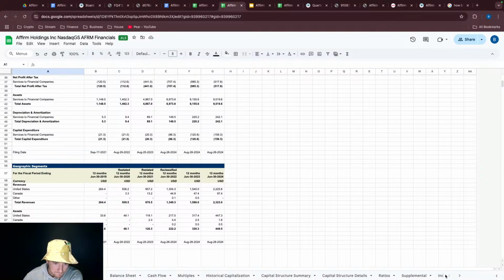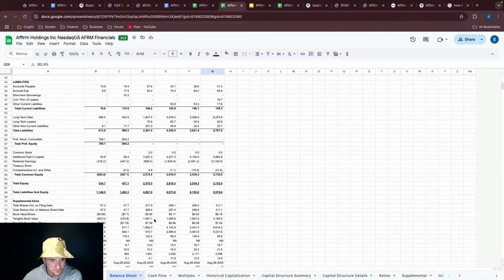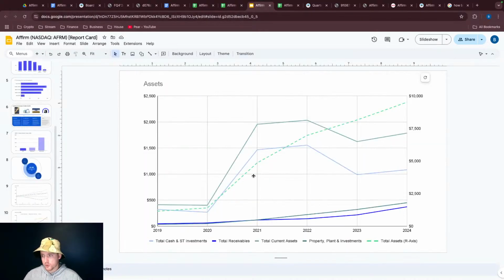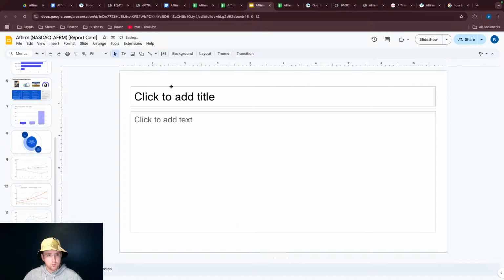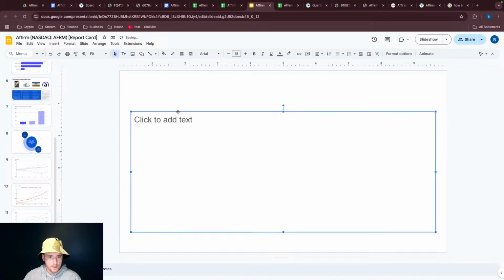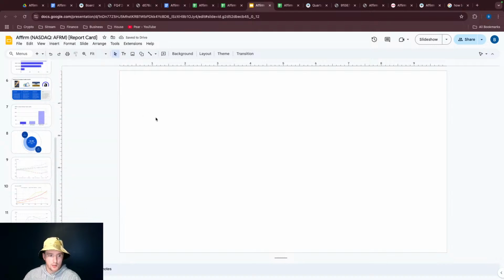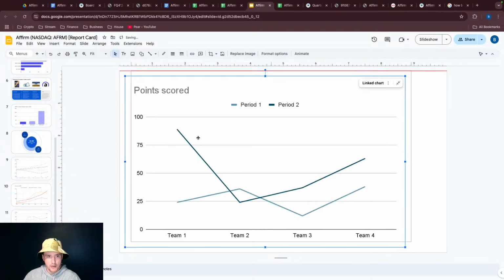So let's go back to the balance sheet. We're going to put this together in another chart. Another line chart action.